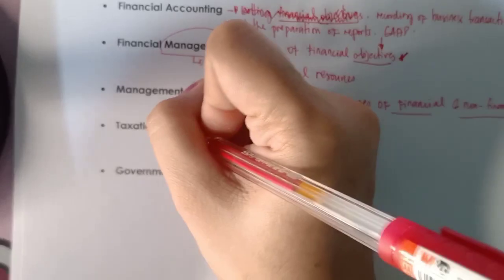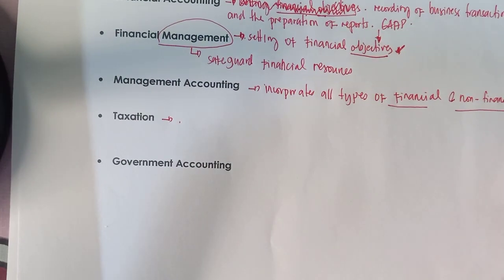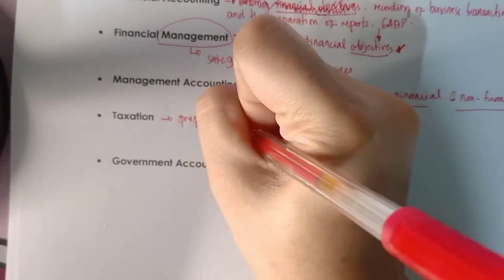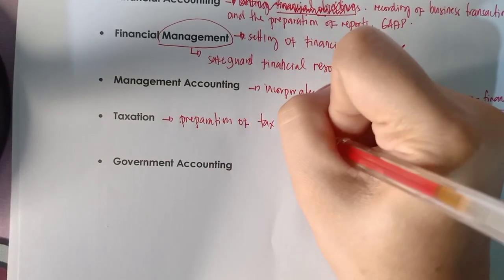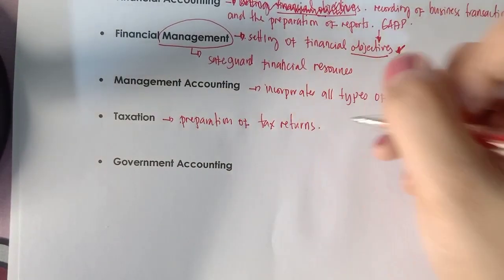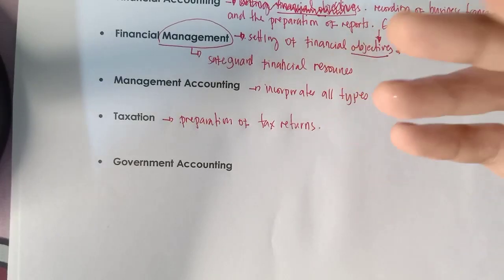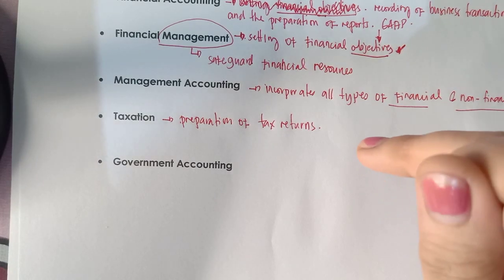Next is the taxation. So, when we say taxation, it is the preparation of tax returns. So, gina-prepare natin ang tax returns and also the consideration of the tax consequences of the proposed business transactions.